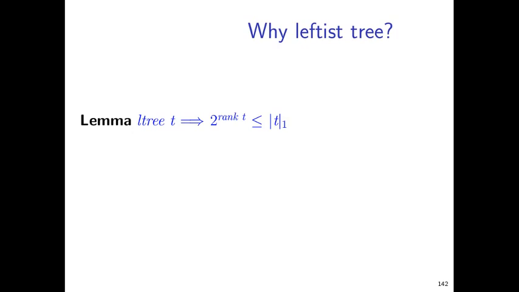Now we can estimate rank left by rank t minus 1, and we can insert this. So this rank left is rank t minus 1, and here we also get rank t minus 1 just by inserting this 1, and there we have what we want.